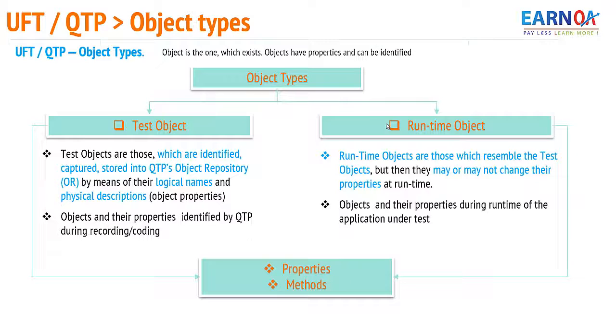And again, all the objects have properties: name, type, class, category, length, width, size, certain properties. By means of these properties, QTP is able to identify them. Similar to that, all the objects can be manipulated with methods, with activities.